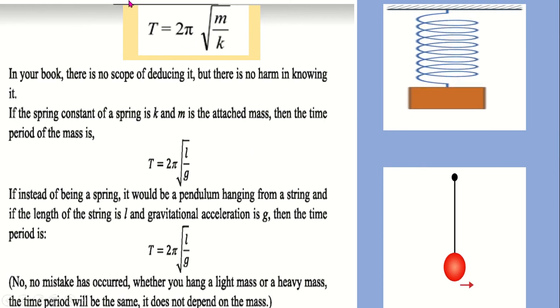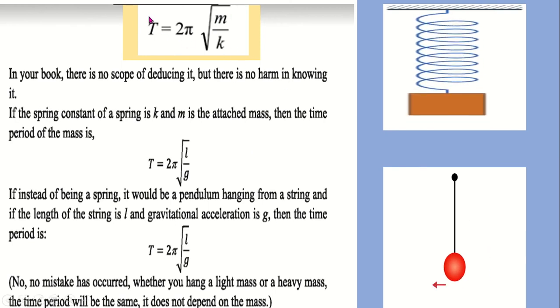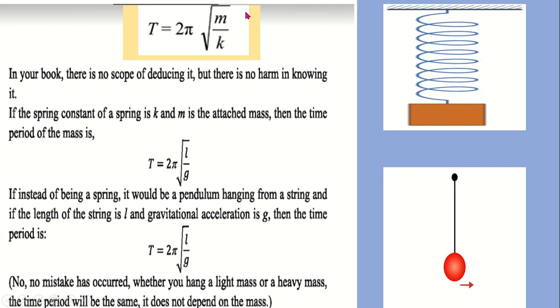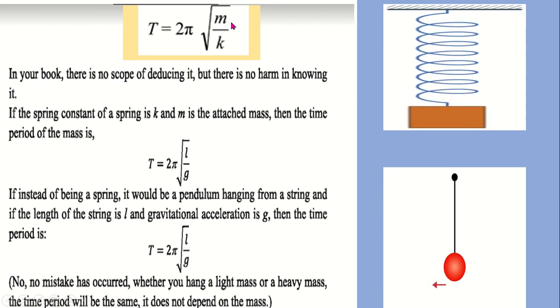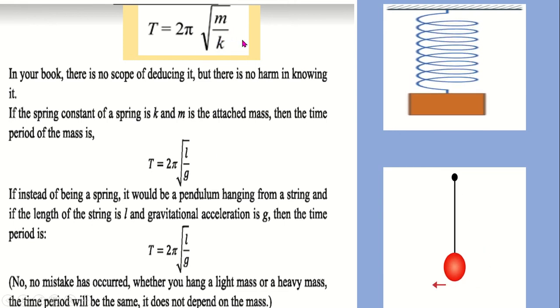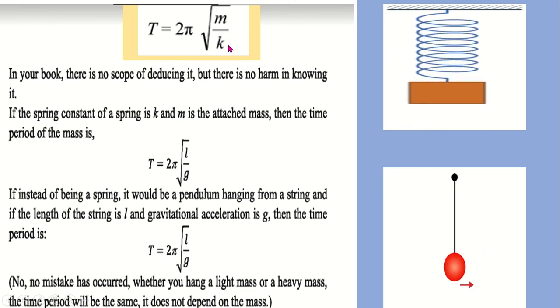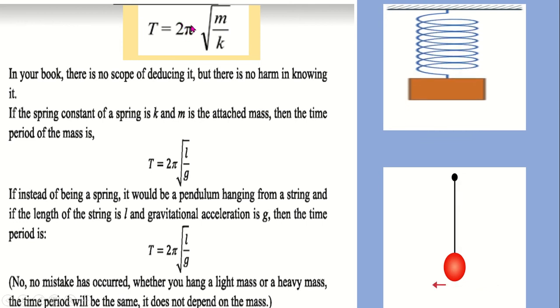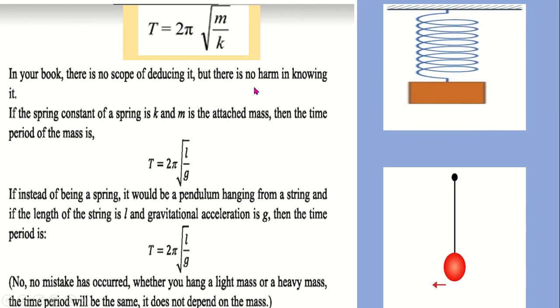This formula depends on the mass of the object which is attached to the spring, and here k is the spring constant, and 2π is also constant. So here the time period depends on the mass that is attached to the spring.